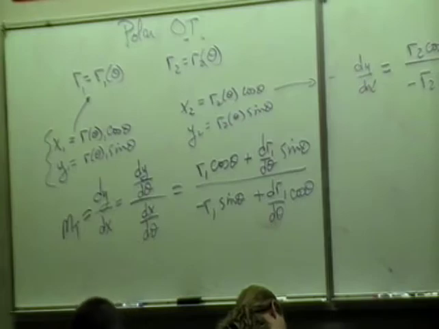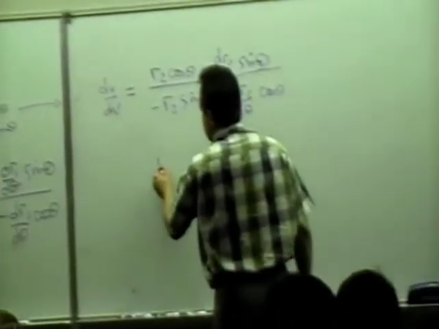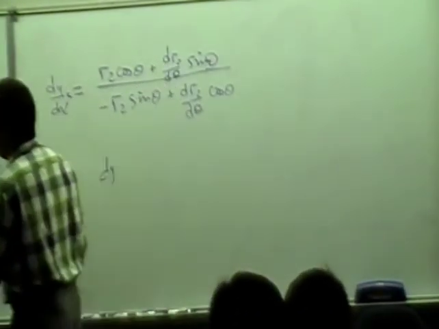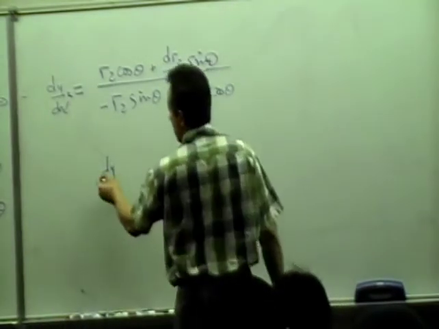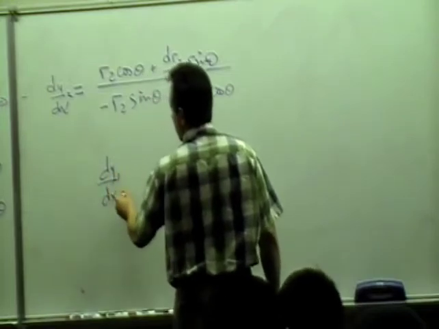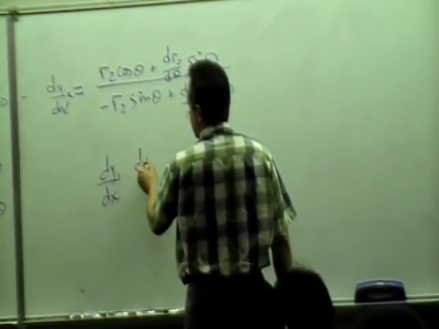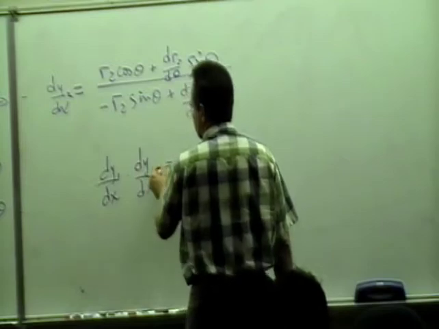Does everybody follow? And then you could say dy dx, I'll put a 2 here and a 1 here, so you can distinguish the difference. You can say dy dx 1 times dy dx 2 gives you what?